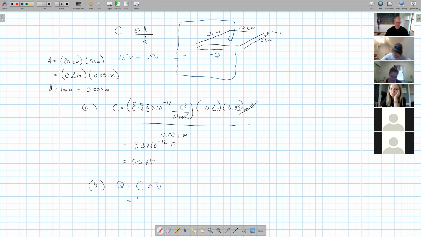So in this case, it's 53 times 10 to the minus 12 times the potential, which is 12, which works out to be 6.4 times 10 to the minus 10 coulombs, which is the same thing as 0.64 nanocoulombs.